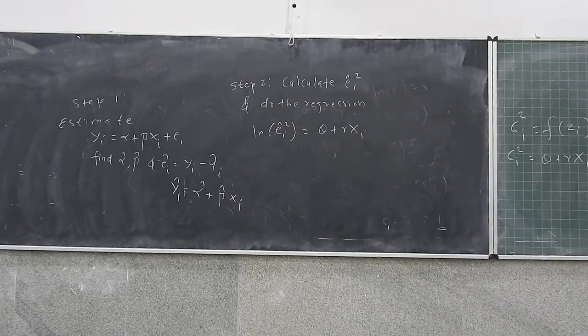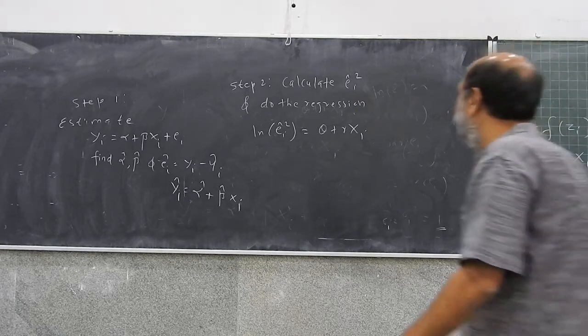So first we create e hat i square, then take the natural log of this and do a regression where log of e hat i square is the dependent variable and x is the independent variable.